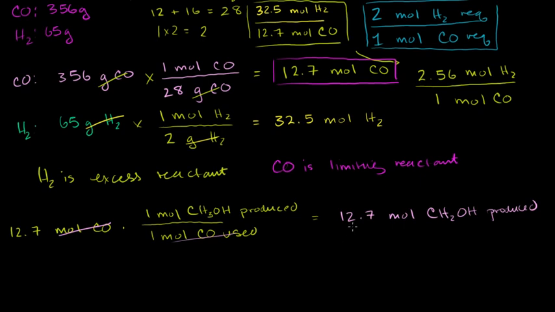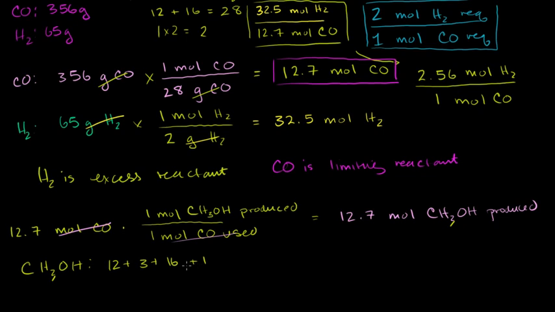And now we just have to figure out the mass of 12.7 moles of methanol. We think about the atomic weight. If you look at methanol, CH3OH, its atomic weight is 12 plus 3 times 1 plus 16 plus 1.